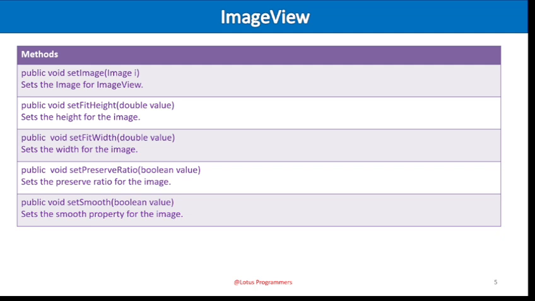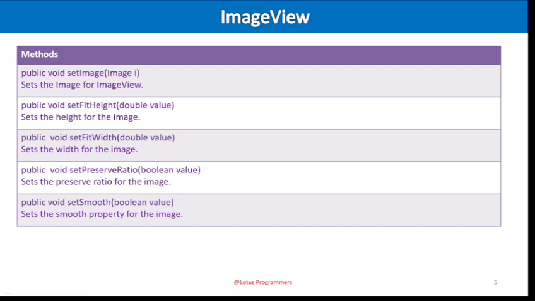Now we would like to go for understanding some important methods of ImageView. For setting an image to the ImageView, we call the setImage method by passing the image object as the argument. For an ImageView that is created, if you would like to set the height, the second method is used. If you would like to set the width of the image externally, call the third method.